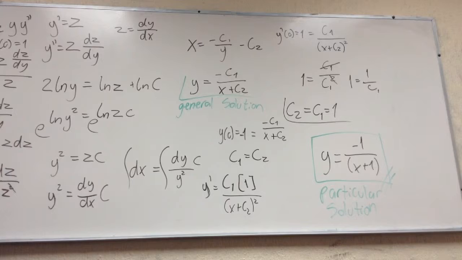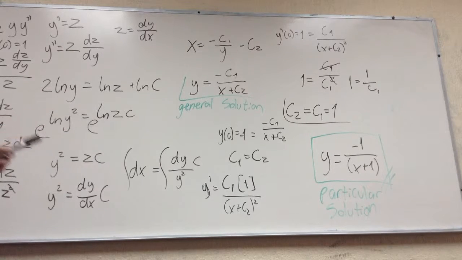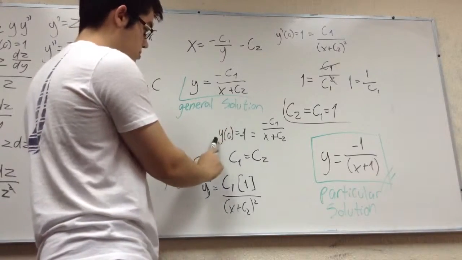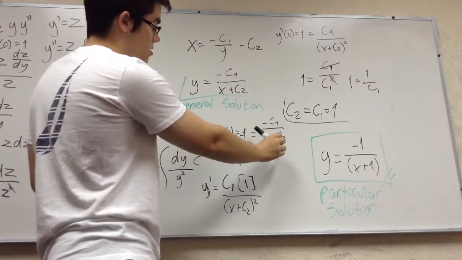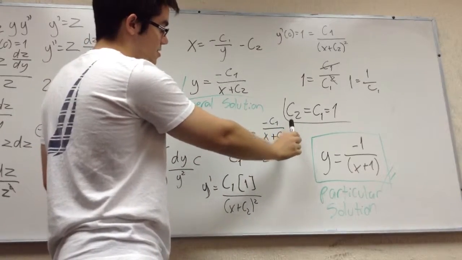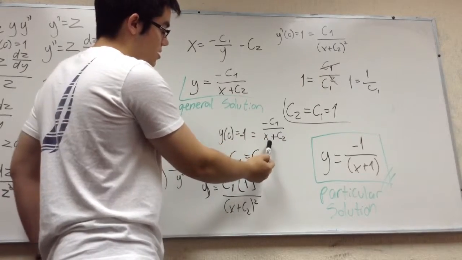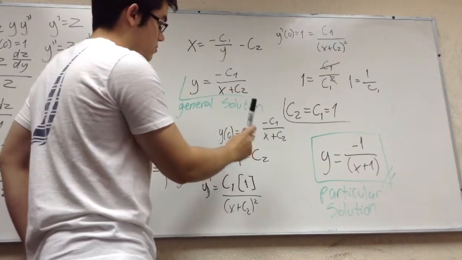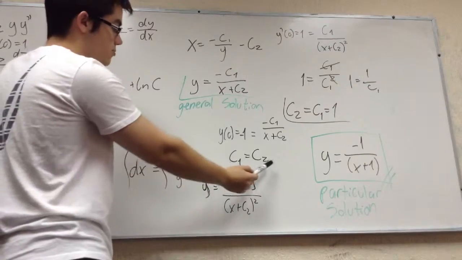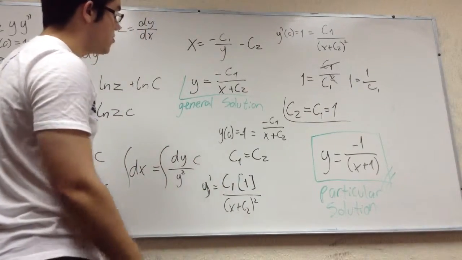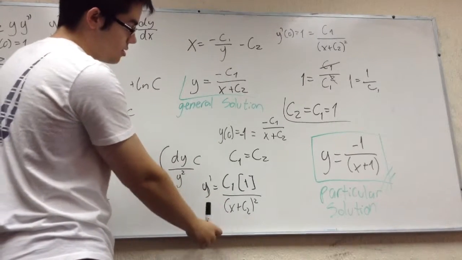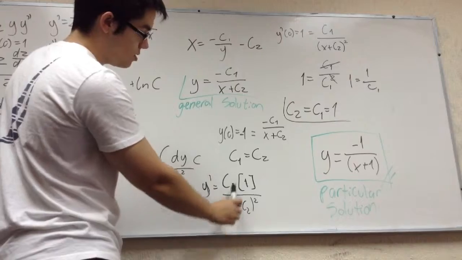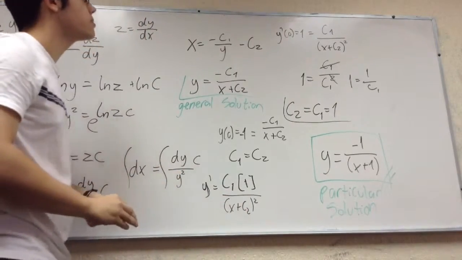But we also have to find the particular solution with the initial conditions. So we know y of 0 equals minus 1, which is minus 1 equals minus c1 over x plus c2. We find out c1 equals c2. Now we differentiate this, so we know y prime equals c1 over x plus c2 all to the second power.